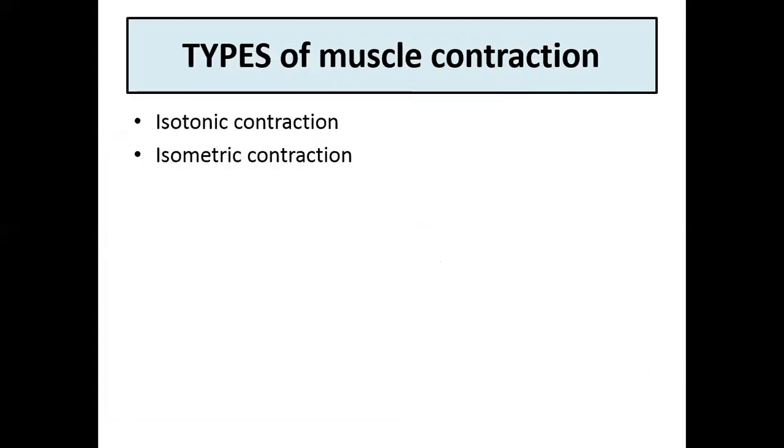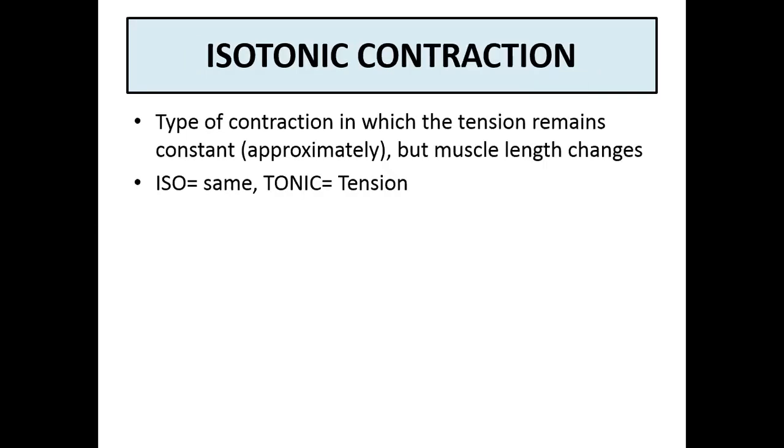Coming to the types of skeletal muscle contraction, you must know the two types are isotonic and isometric contraction. As the name suggests, iso means same, tonic means tension. So it is a type of contraction in which the tension remains constant, but the muscle length changes. That is called the isotonic type of contraction.